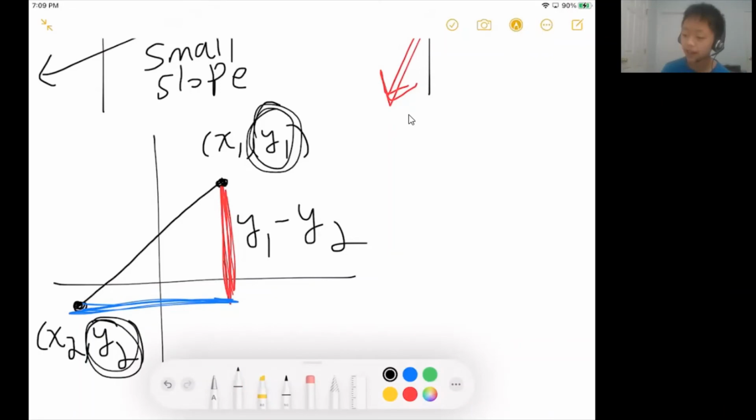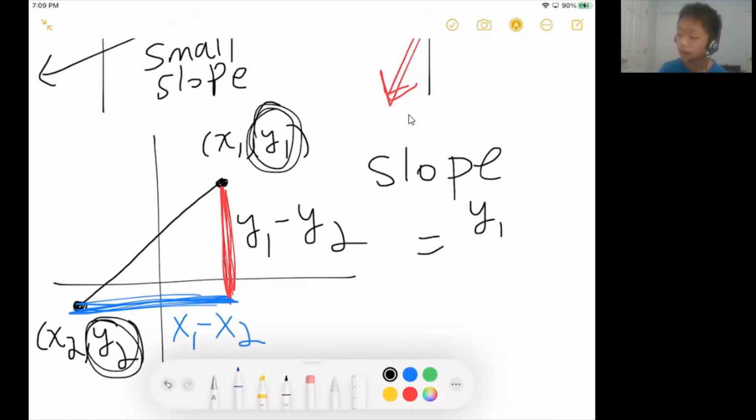Similarly, the difference in the x coordinates is x1 minus x2, and that's the distance of the blue line. So we define slope mathematically as the rise, the vertical distance, divided by the run, the horizontal distance. In this case, the slope would be equal to y1 minus y2 divided by x1 minus x2.